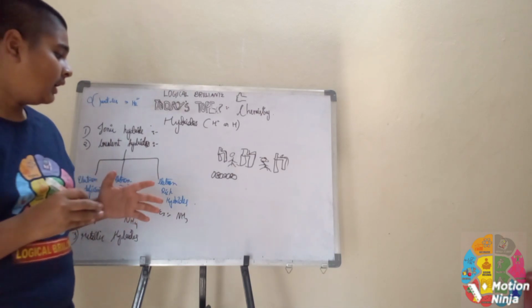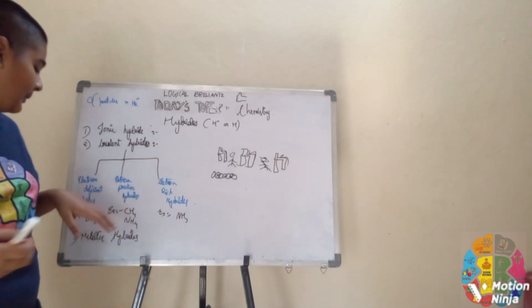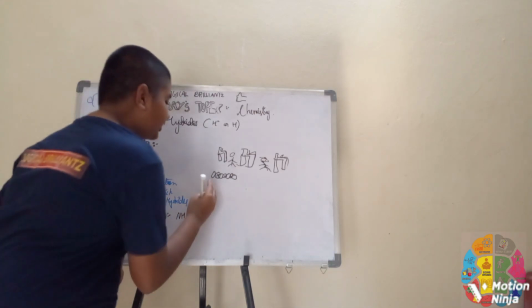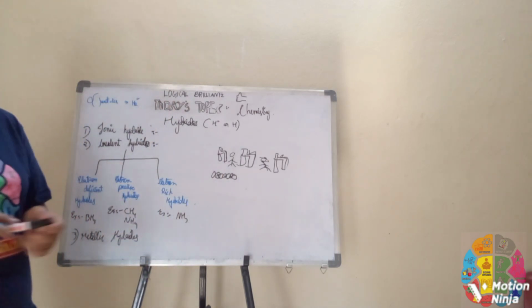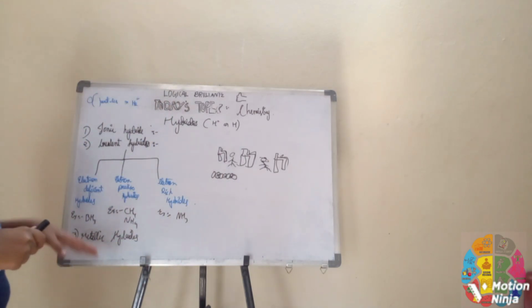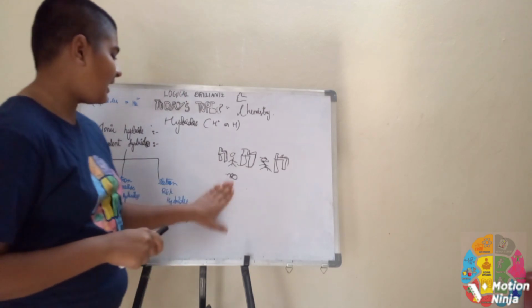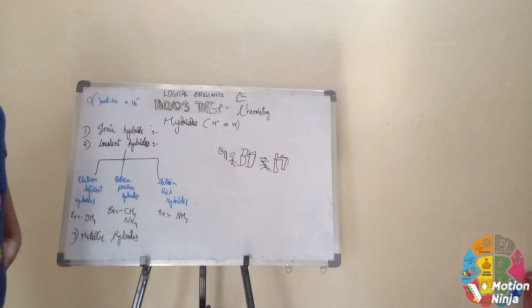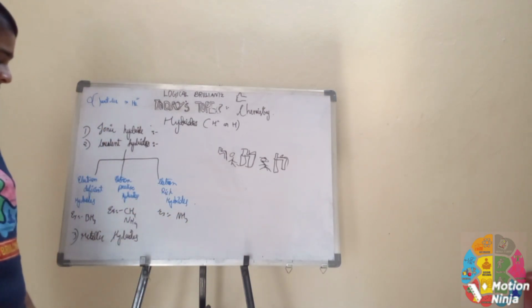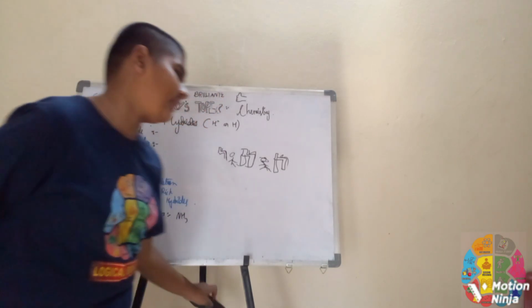Hydrogen was mostly in interstitial positions in metallic hydrides, so they gave the name interstitial hydrides for metallic hydrides.